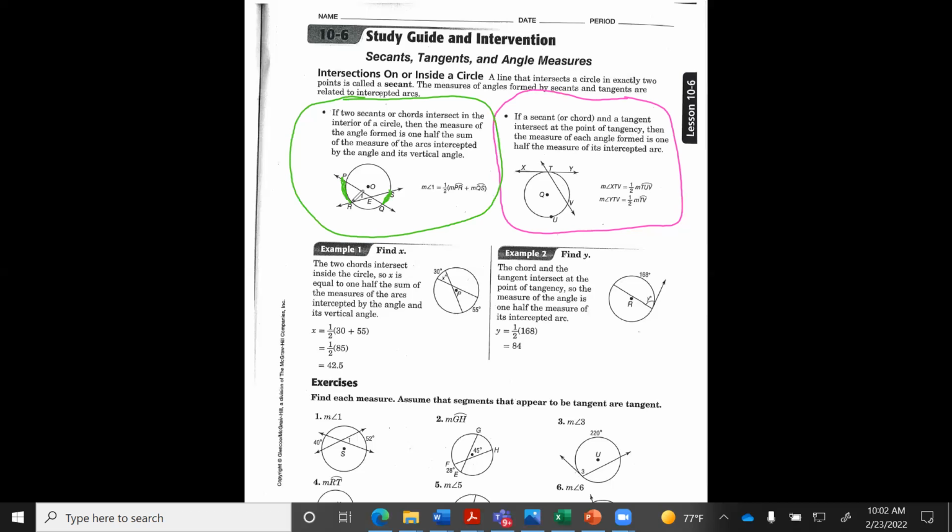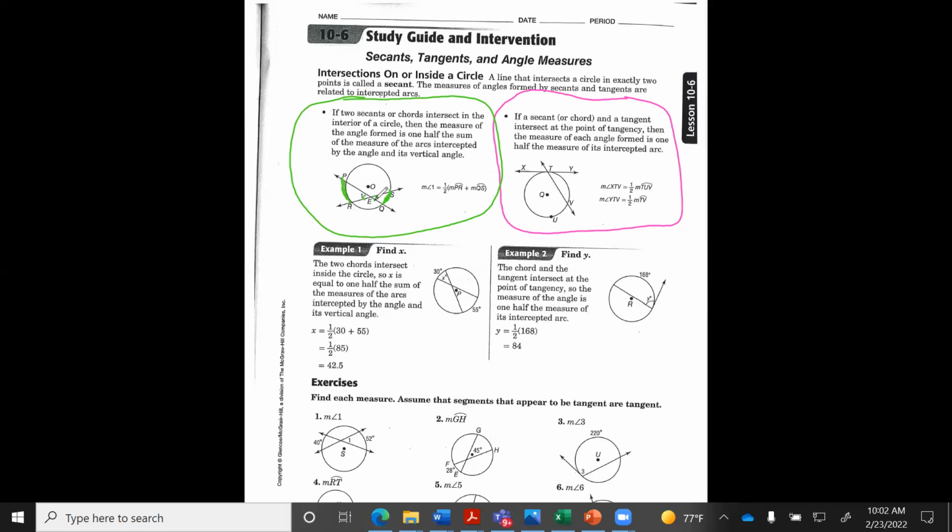So we know that angle 1 and angle 2 are vertical angles, right? This angle here and this angle here are vertical angles. Since they're vertical angles, they are the same. Now, they each have their own arc. These arcs are 2 different measures.